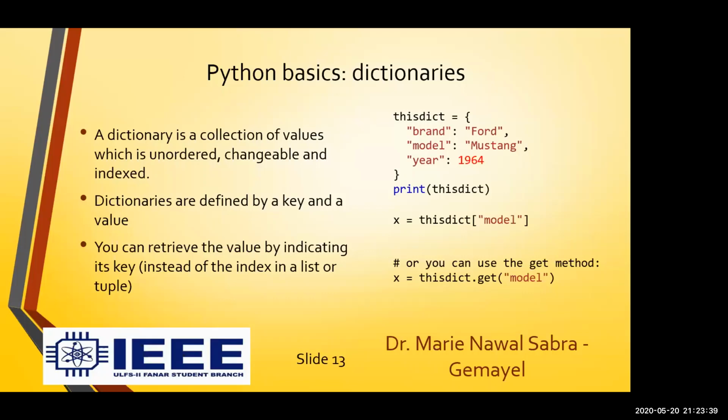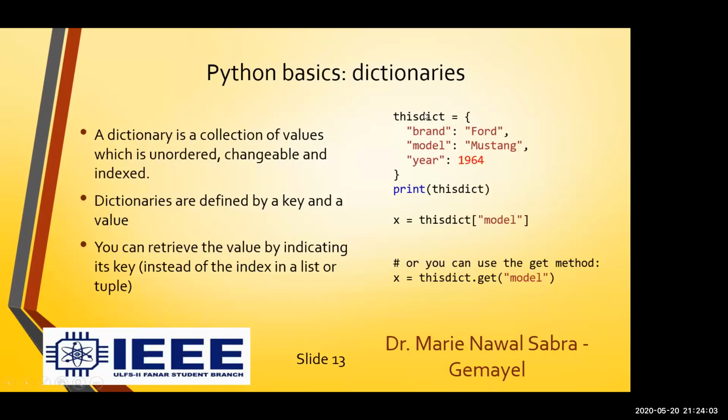Dictionaries are very practical because in a dictionary, you define the values with an index and a value. So in here, you put braces, and in here the index, which is the key. So the key is brand, and the value is Ford.